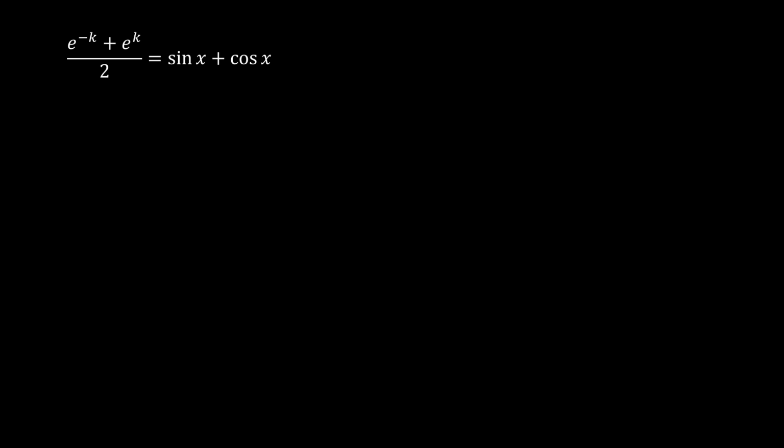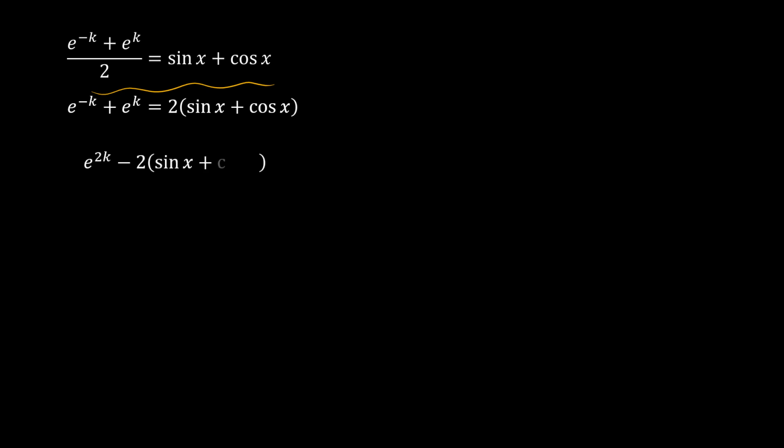So this is equal to sin x plus cos x, meaning that if we multiply 2 across both sides, we have e to the power k plus e to the power negative k equals twice (sin x + cos x). And that means that e to the power 2k minus 2 times (sin x + cos x) times e to the power k plus 1 equals 0.